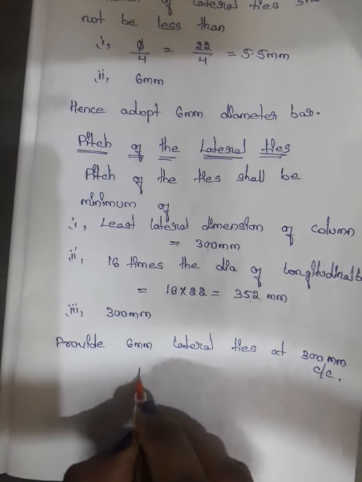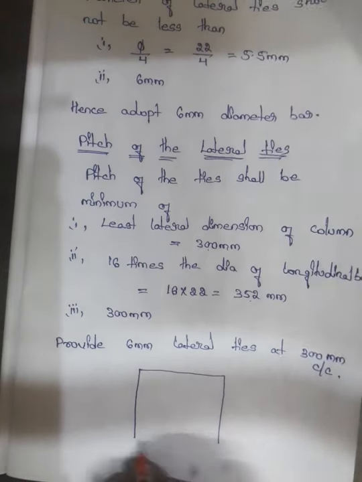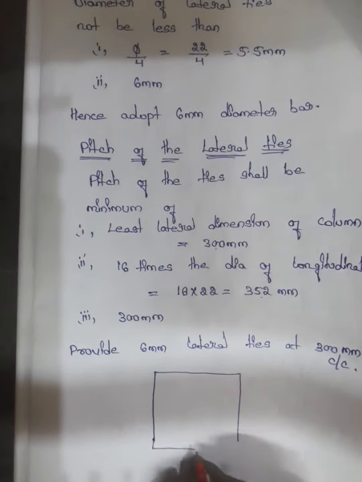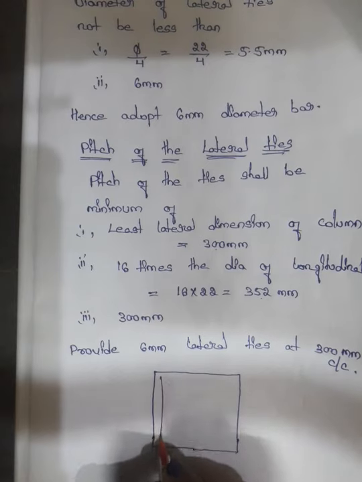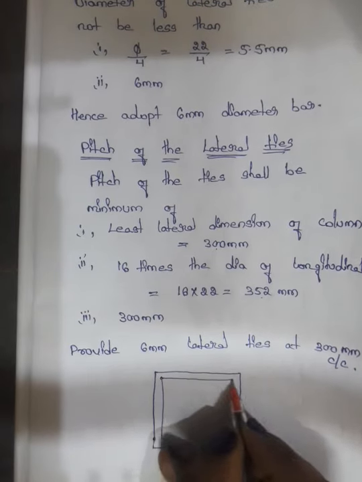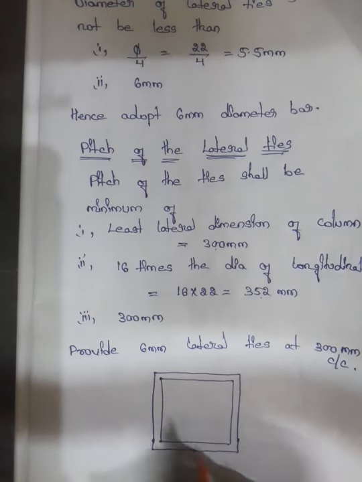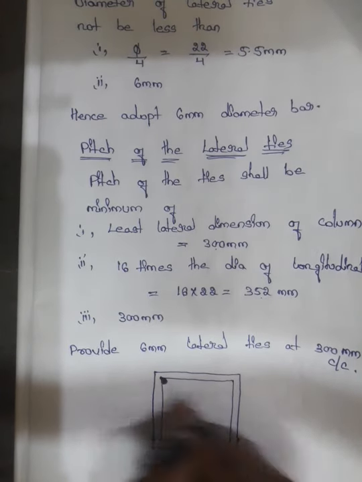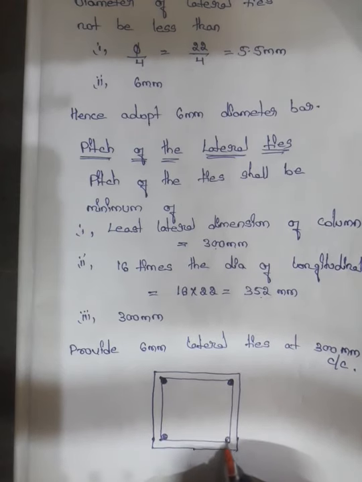So we'll draw the diagram for that. Square column, cover, and how many bars? 4 bars, right?